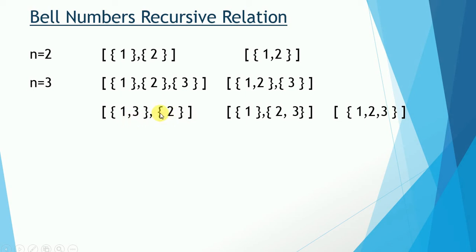Now when I add 3 to this partition, I get 1 separate, 2 and 3 together. And when I add 3 to this partition, I get all of them together. So overall there are 5 ways to partition a set which contains 3 integers. This is what that recursive relation determines, and we have just understood it using an example.